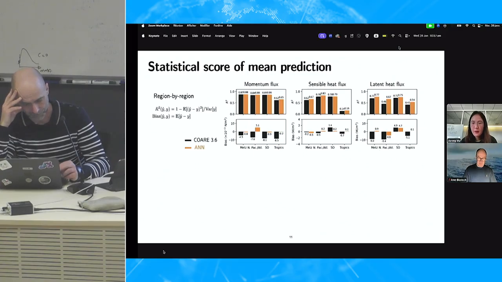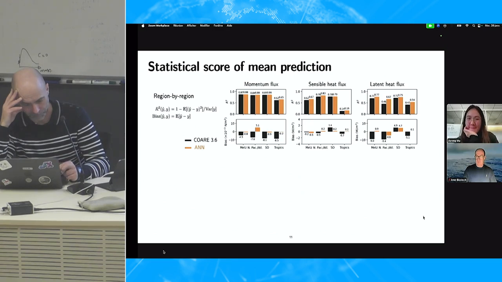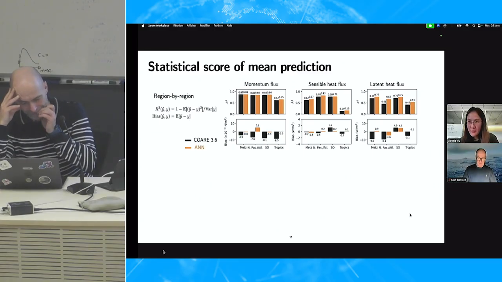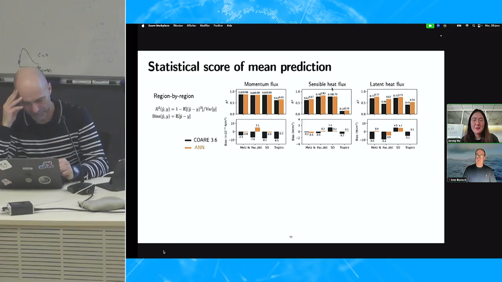Your R squared is what, 16% or something, and 40% for the latent heat fluxes. I'm just wondering, where does most of that come from? Why isn't it larger? What are the main sources of this?